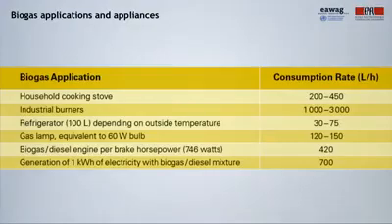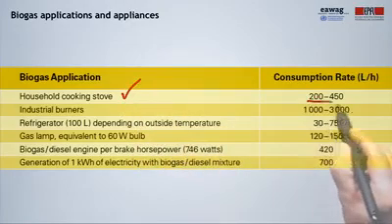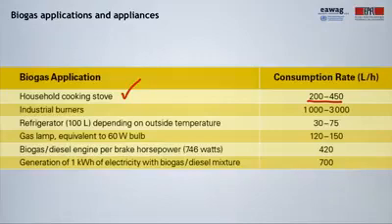If we think about biogas application and appliances, the most simple way is to use the biogas close to the anaerobic digestion facility for direct combustion. For this purpose, conditioning of biogas is not necessary. A household cooking stove only needs 200 to around 450 liters per hour.